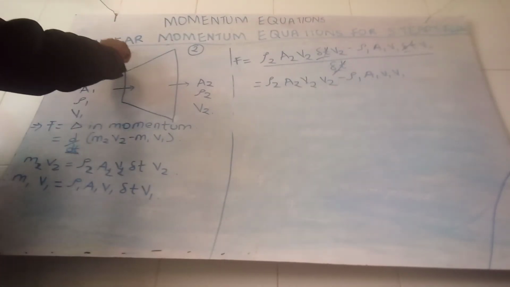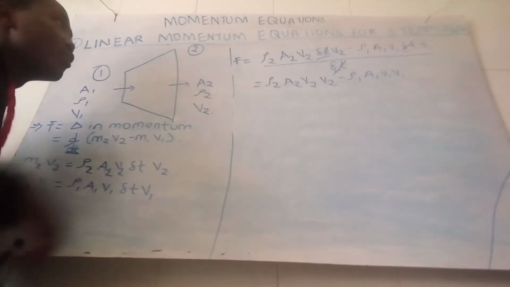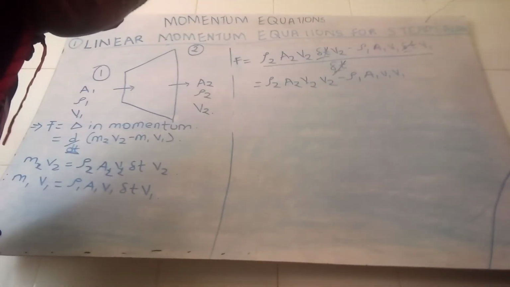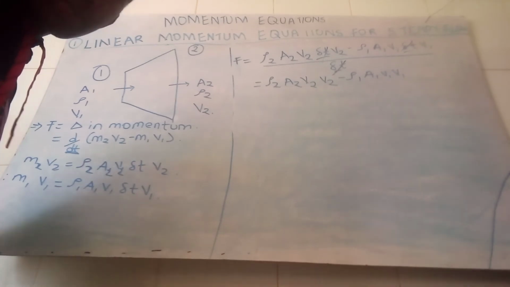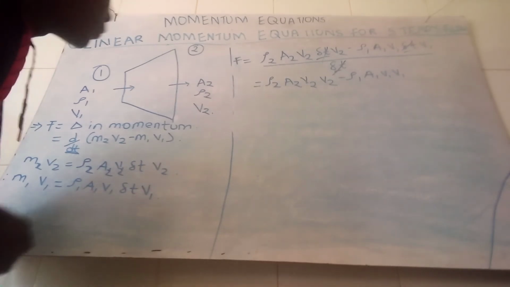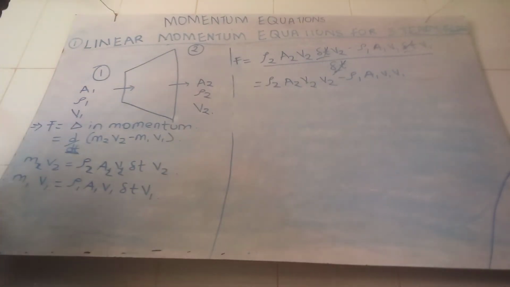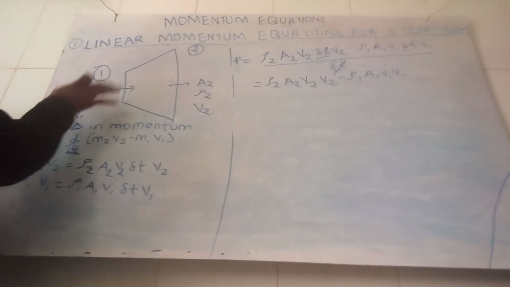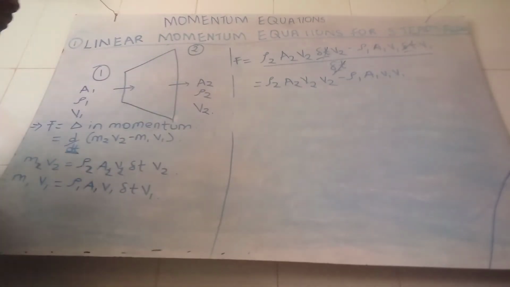Now we are looking at linear momentum equations for a steady flow. When we talk about a steady flow, what does this mean? It means that the amount of fluid entering is the same as the amount of fluid that is leaving.